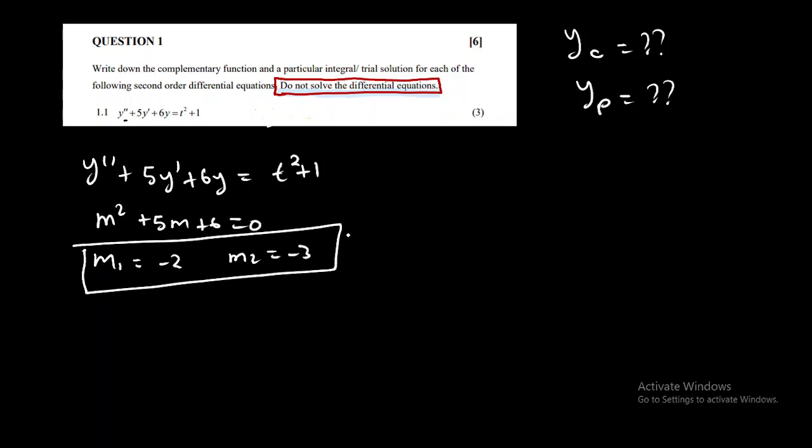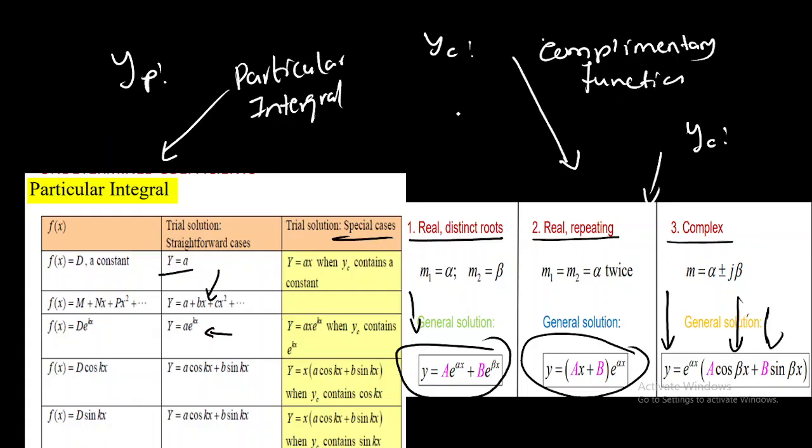From the values of m, we can conclude that we have real distinct roots, meaning real roots that are different in magnitude. So our yc is going to be under real distinct roots. This is the cheat code that I was talking about. You look for your yc in this table.